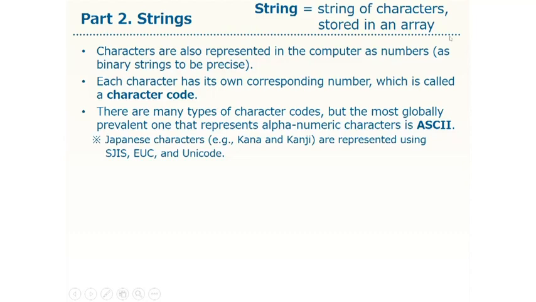Next, let me explain character codes. As we studied in topic 1, everything is expressed as a number in the computer. Characters too. Each character is related to some specific number, and characters are expressed by such numbers in the computer. The correspondence between each character and the number is called a character code. There are various types of character codes, but the most globally prevalent one that represents alphanumeric characters is called ASCII.